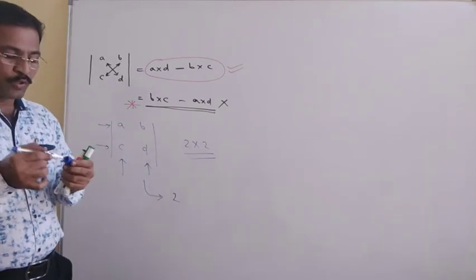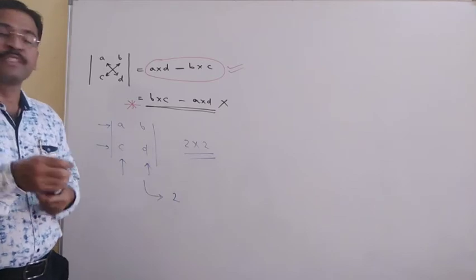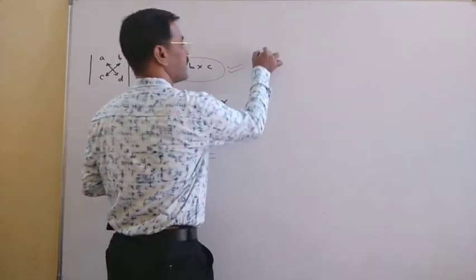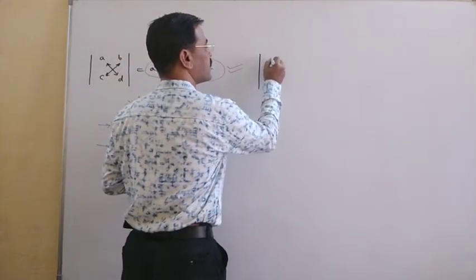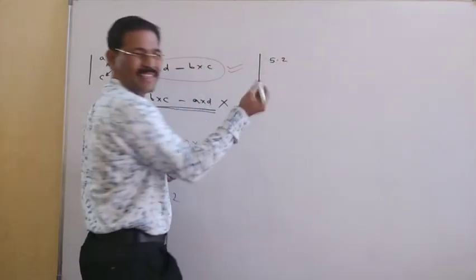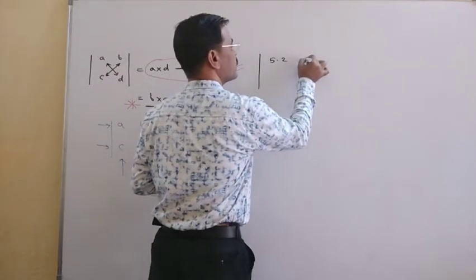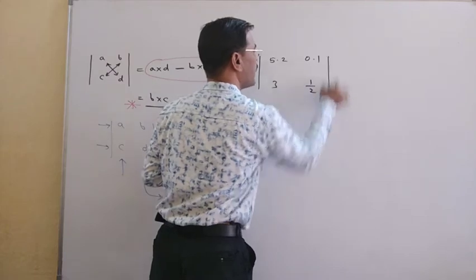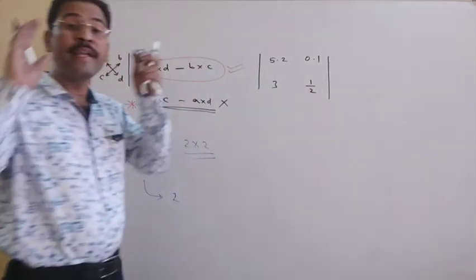Understand friends? Sometimes, while solving examples, you may get decimal numbers, like 5.2, 0.1, 3, and 1 upon 2. At that time also we are not going to make any mistake.